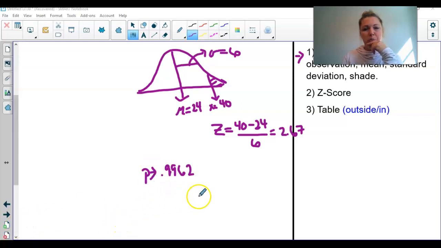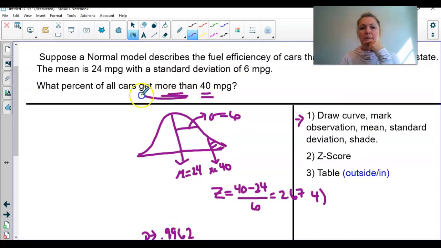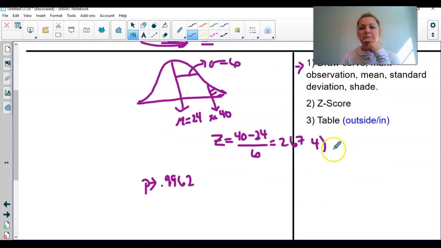Now we have an issue, right? The z-score table only tells us the less than portion of the curve. We want the greater than portion. Well, let me tell you this. The area under this entire curve is equal to 1. Okay? So what we need to do, step 4, whenever it's a greater than problem, we need to now do 1 minus what we got from that p-value.